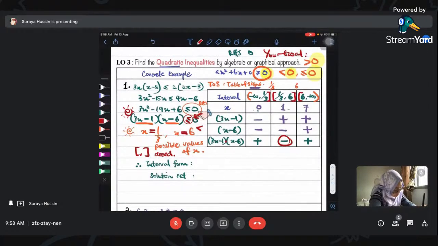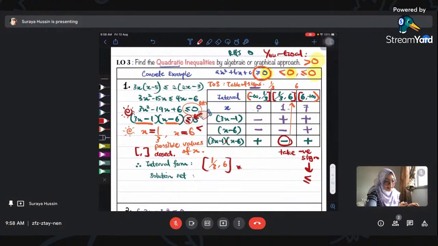Take negative sign. Kenapa you take negative sign? It is because of less than or equal. And therefore, the interval sign adalah, therefore jawapan kita adalah memang literally the 1/3 until 6 where both are included. Itulah jawapan kita anak-anak. That is our answer.